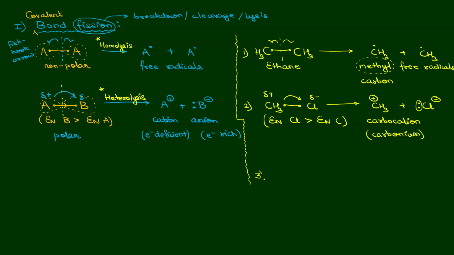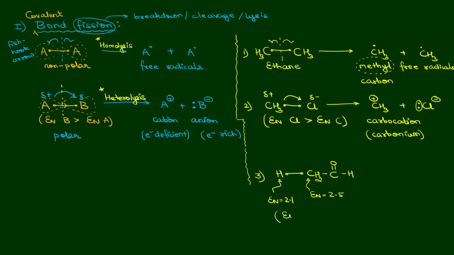Now we can also have a case wherein there is a covalent bond between carbon and an atom which is less electronegative than carbon. Consider the example of acetaldehyde, and focus on the bond between hydrogen and carbon. We know that carbon has an electronegativity of 2.5 and hydrogen has an electronegativity of 2.1.